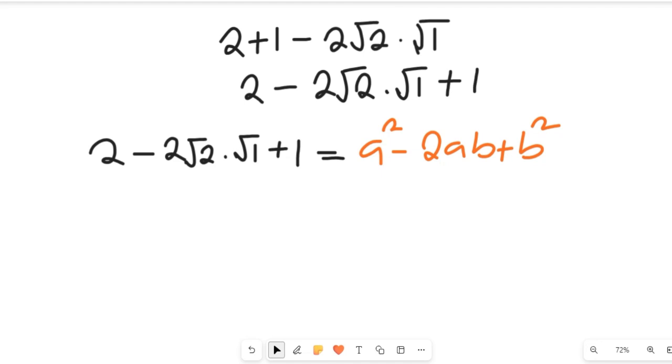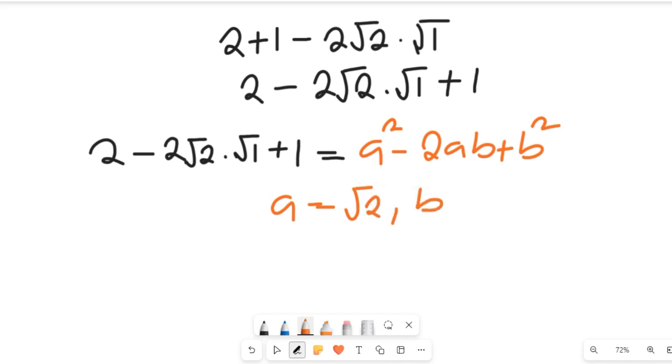Why do we say that? Because you can see that a is equal to the square root of 2, and our b is equal to root 1.